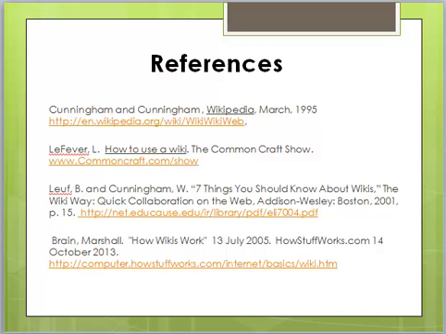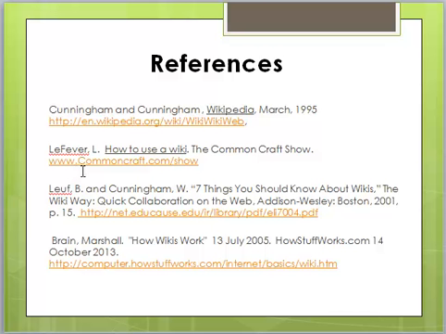The references that I have listed here are the references that I used to research wikis, and if you'll notice, there's a site that Ward Cunningham developed. If you would like to go in and see more information on how they came up with the wiki and the design of it, you may go to that website.